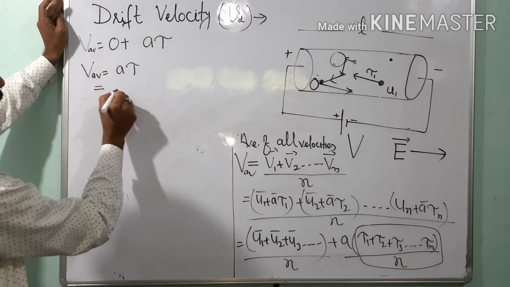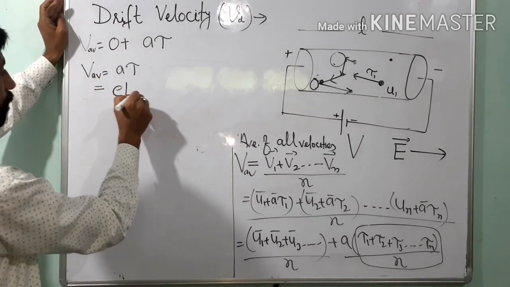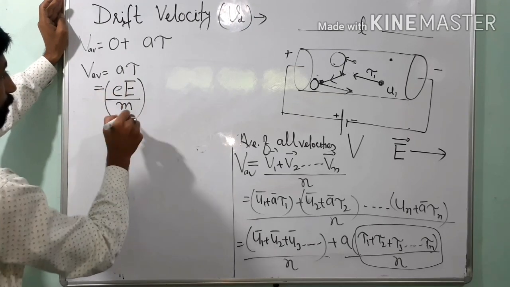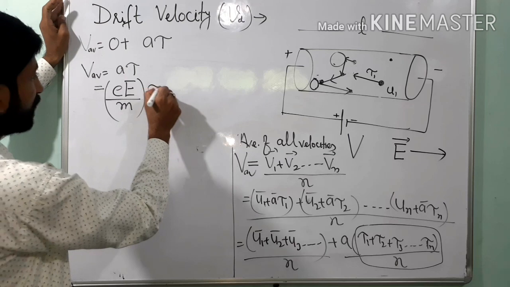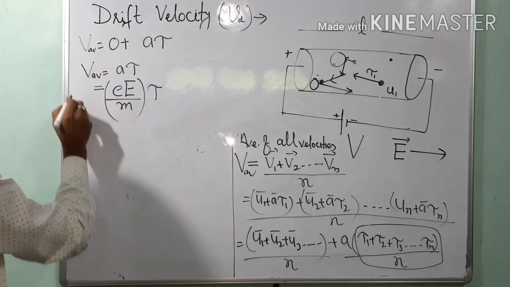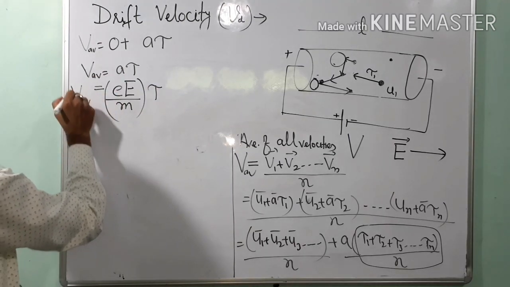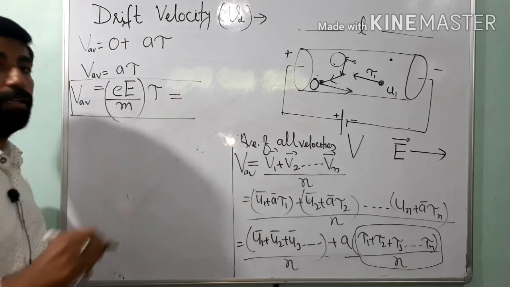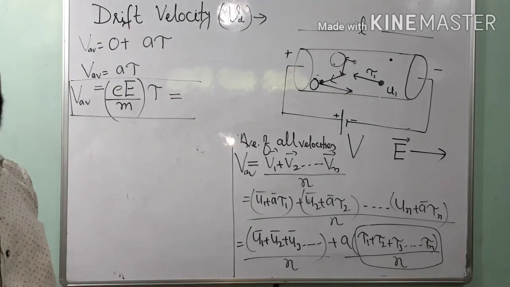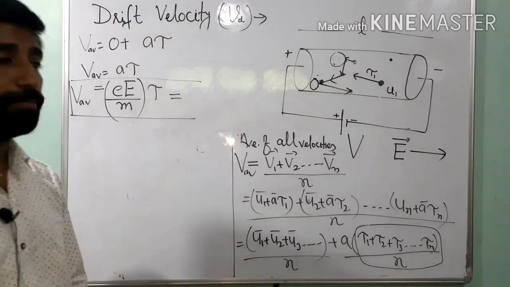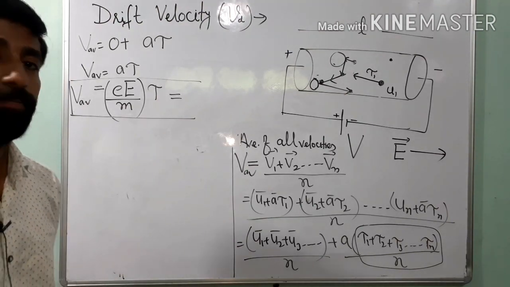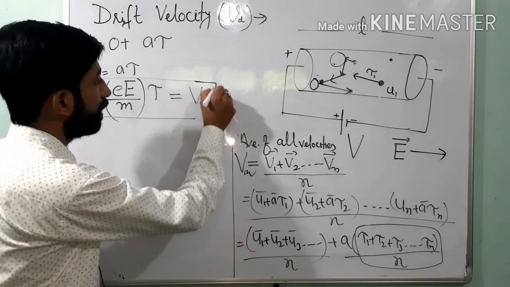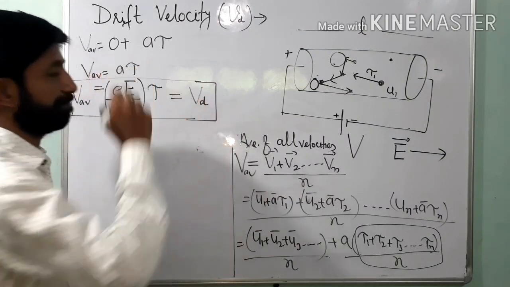So a is equal to what? Small e, capital E over the mass of the electron, as we discussed earlier, and this is the tau. And this average velocity of all the electrons is known as the drift velocity of the electron, and it is finally denoted by V subscript d.